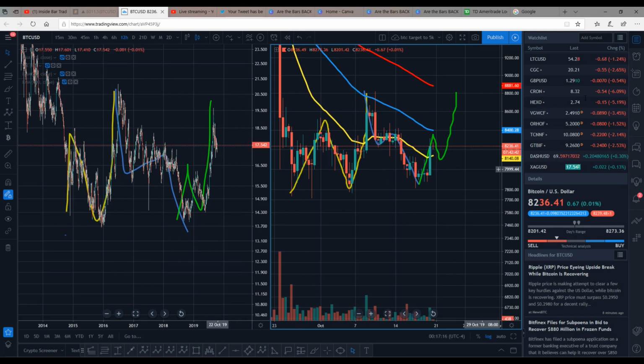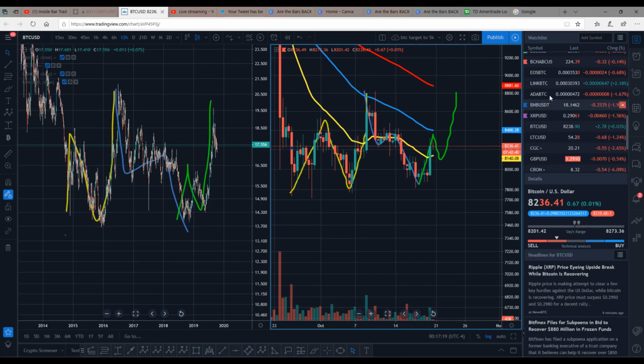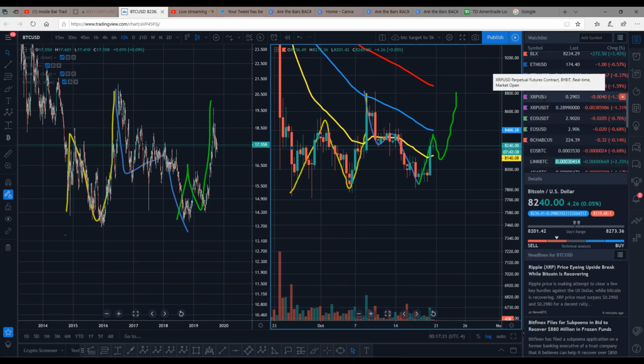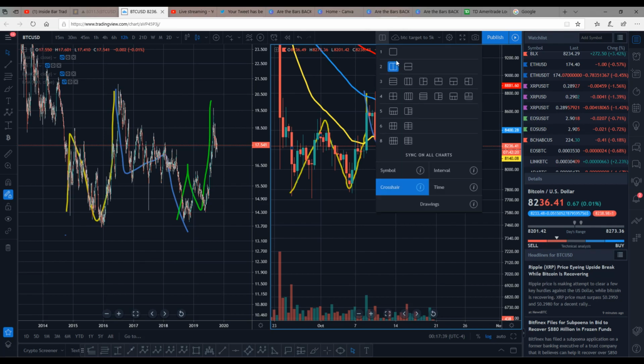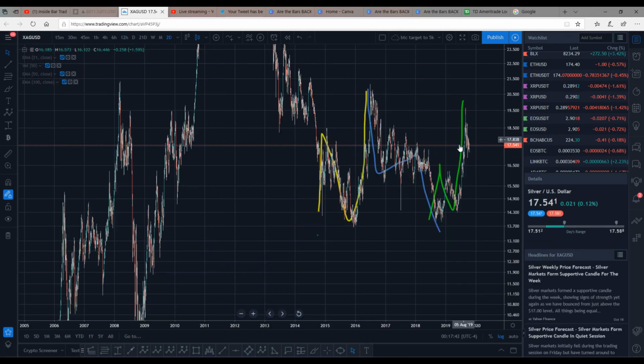Let's take a look at the chat room. Somebody asked about a stop loss for Link. I'm not trading Link, but let's take a look at it. I don't want to give stop losses because I don't know what type of trading you do.